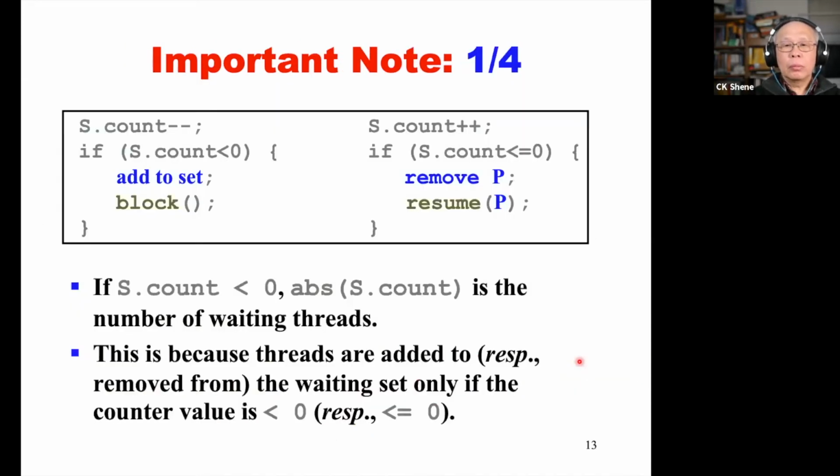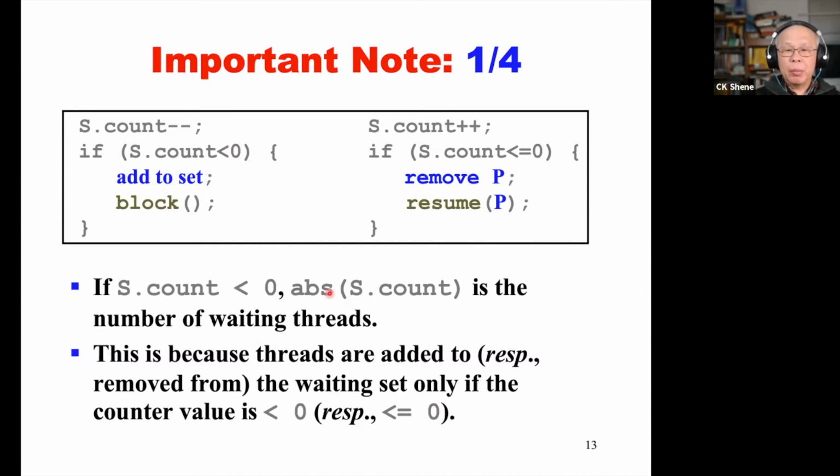So if you reach here, I assume you have reviewed those 8 slides regarding a very simple example. Again, I have a wait here, signal here. As we've seen from the previous slides and explanations, if the counter value is less than 0, its absolute value counts how many threads are in the waiting set.